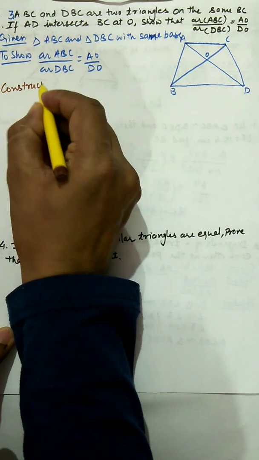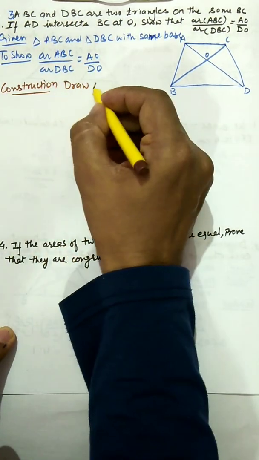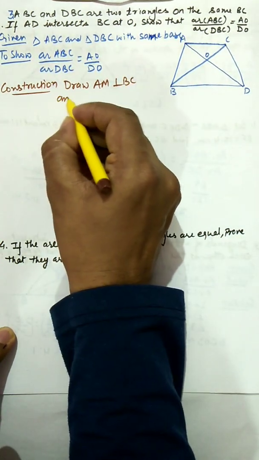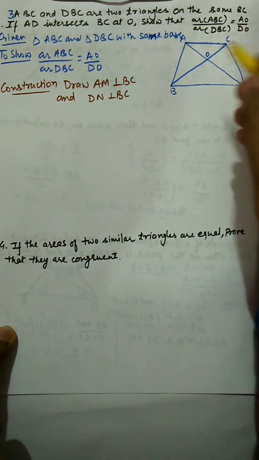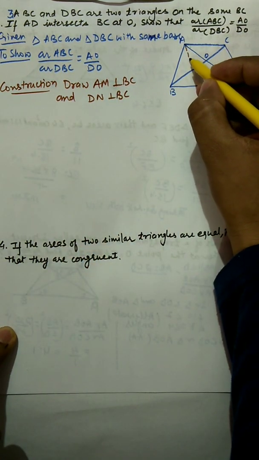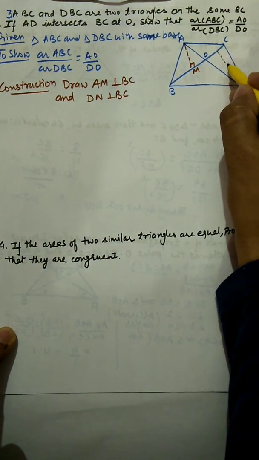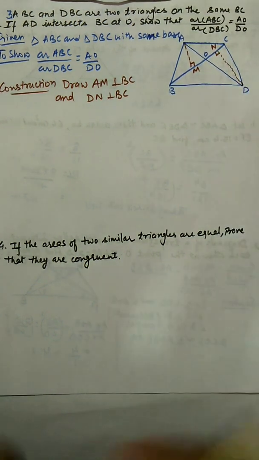So construction is: draw perpendicular AM on BC, and perpendicular DN is also on BC.